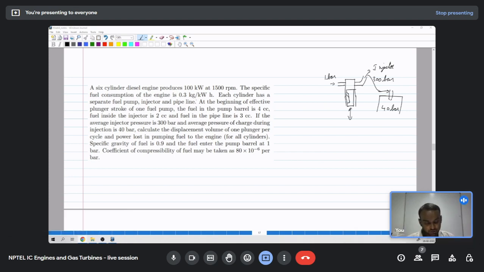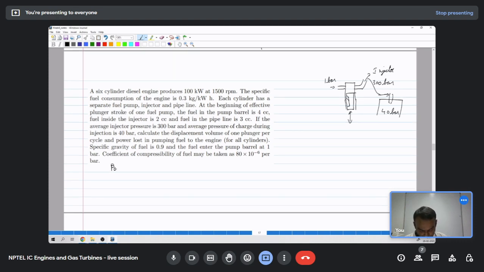First we can calculate the fuel flow rate of the engine. So we have power as 100 kilowatt and speed is 1500 rpm and PSFC is 0.3 kilogram per kilowatt hour.